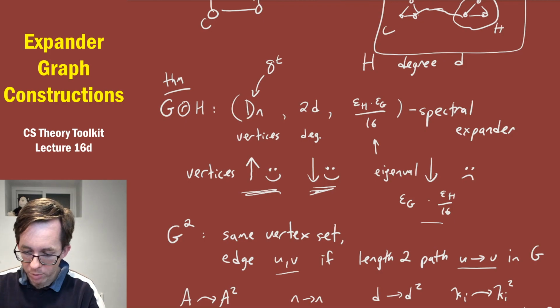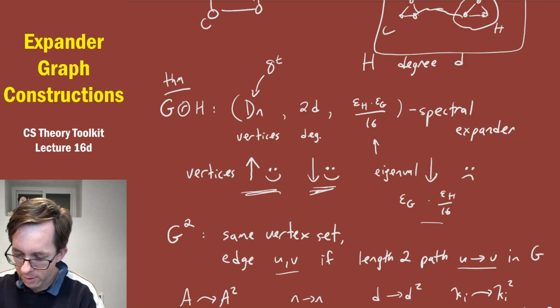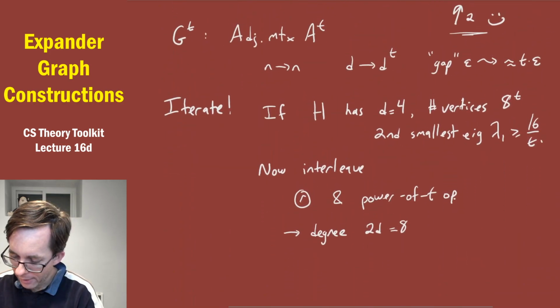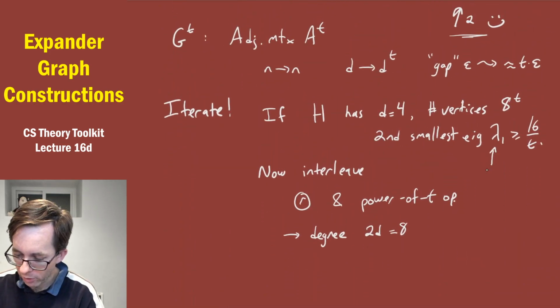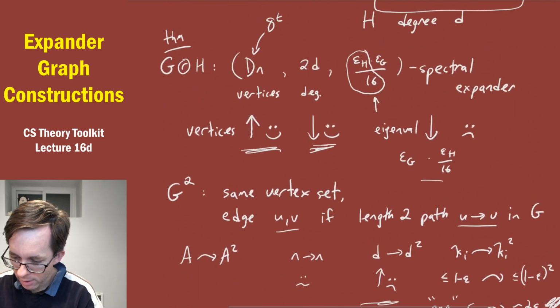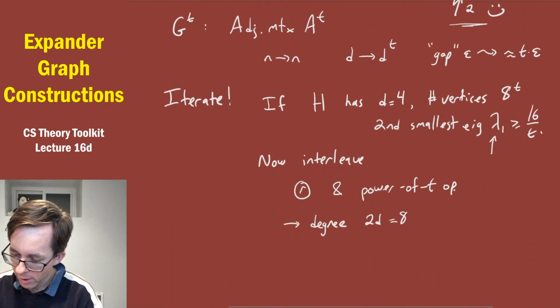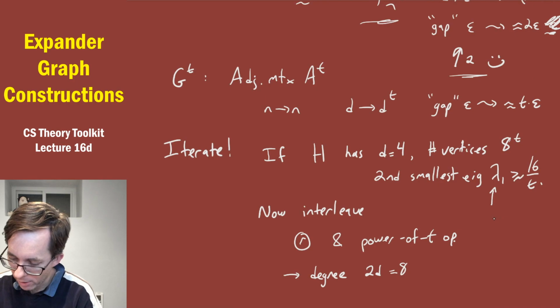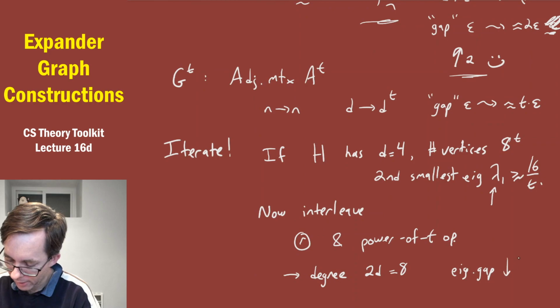So when we do this replacement product, the number of vertices goes up by this constant factor 8 to the t, and the degree is 2d, and the eigenvalue bound goes down by epsilon h over 16, which is about a factor of 1 over t.